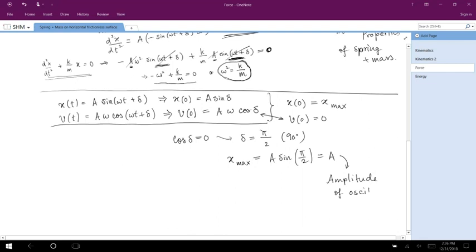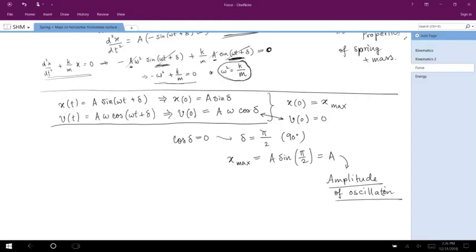So this is the maximum value that the position of the block can take relative to the unstretched situation for the spring. Okay, so that's why this is known as the amplitude. The amplitude is the same as the initial displacement of the block that we started it off with.